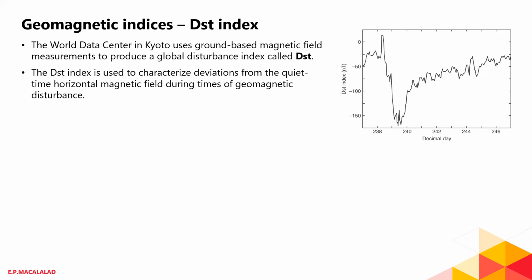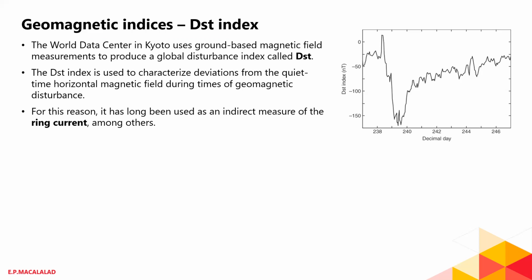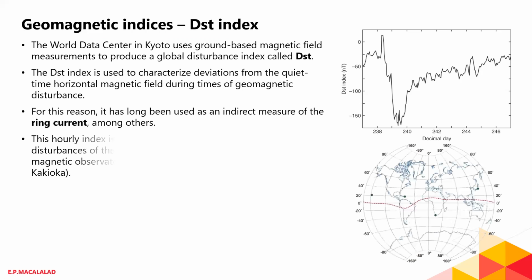And this varies greatly because of the interaction of your southward pointing magnetic field with the northward pointing magnetic field at the equator of the Earth. And for this reason, we could use Dst as an indirect measure of the ring current, among others.